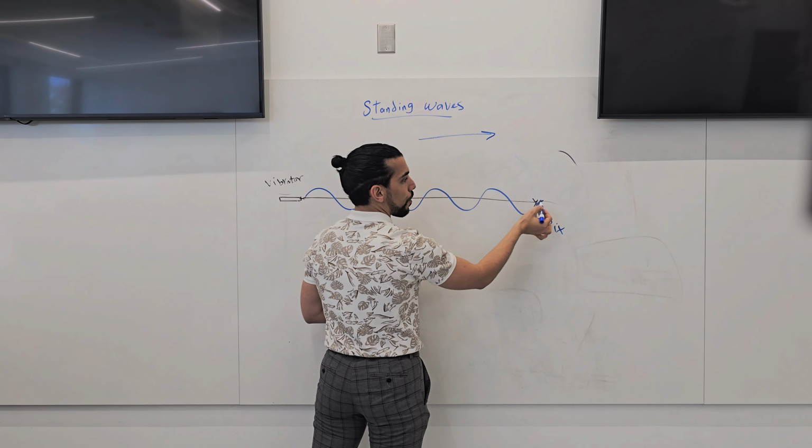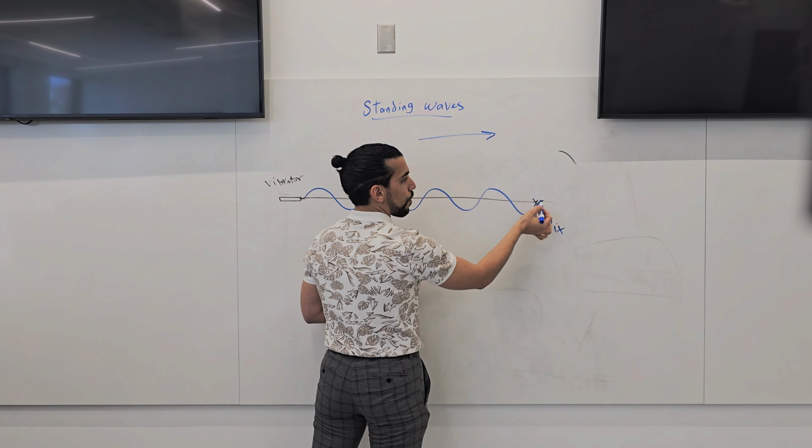This is two antinodes and three nodes, and in this case, lambda is going to be 2L over N. N is basically the number of antinodes, and it also represents the mode of the frequency, or the resonance frequency.